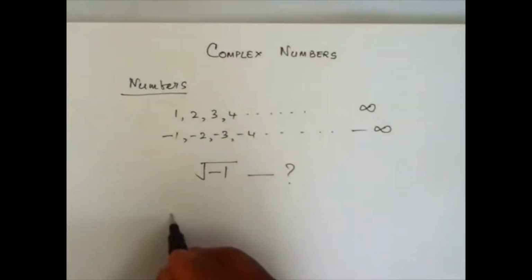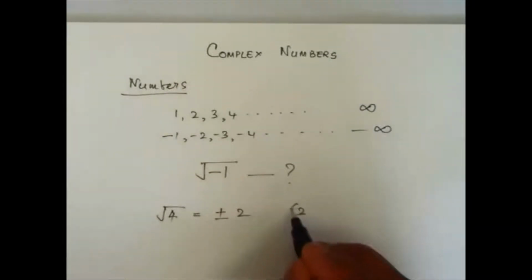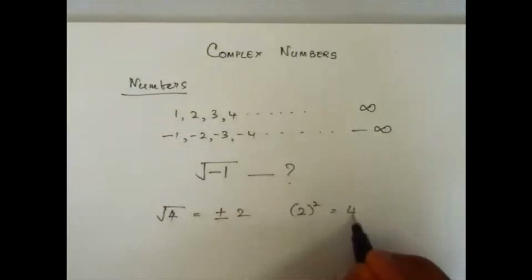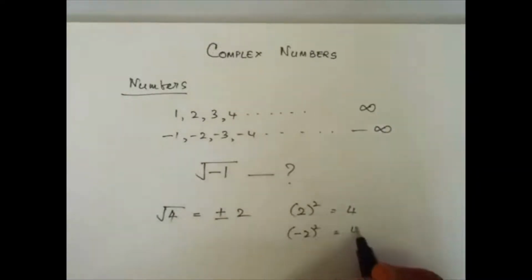Now the square root of, say, +4, we know is equal to ±2. So that means if you square +2, you get 4, or even -2, if you square it, you still get 4, because -2 times -2 is +4.